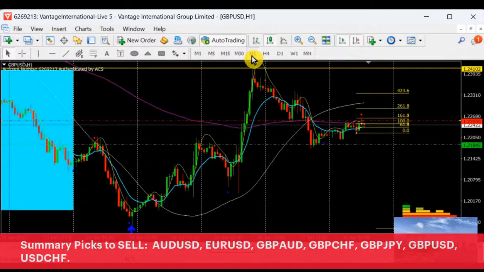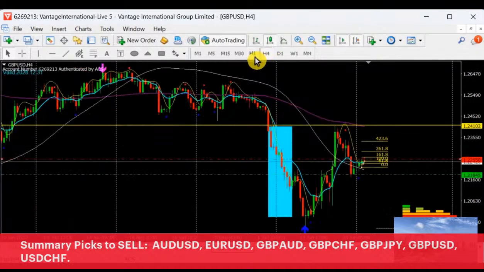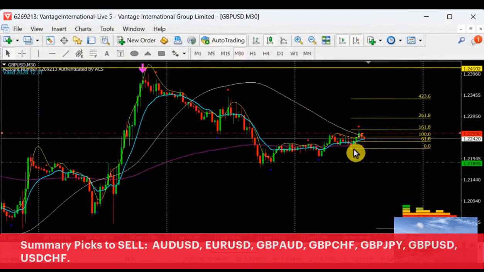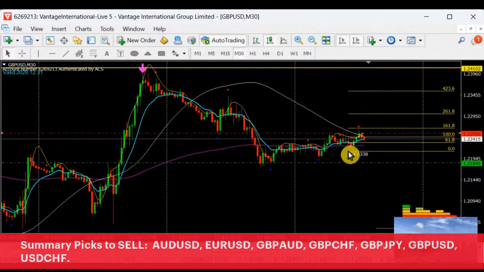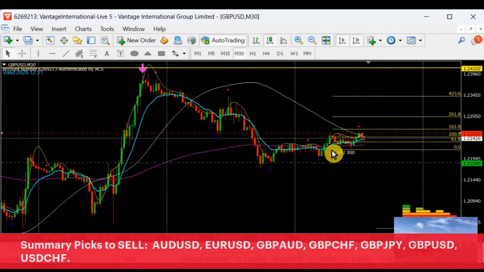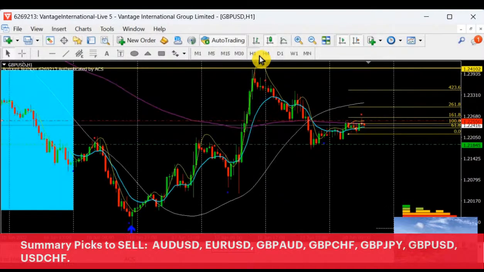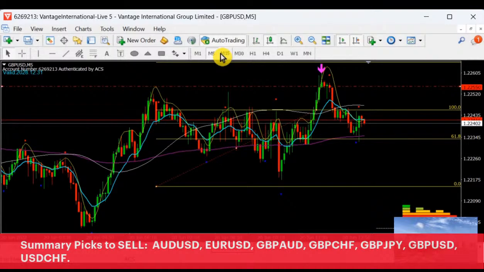Pound dollar. I still see pound dollar right now still in the middle.